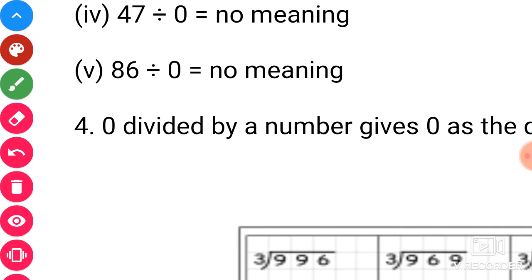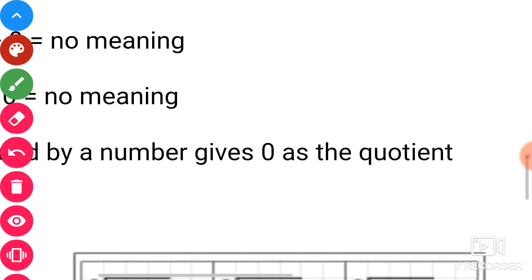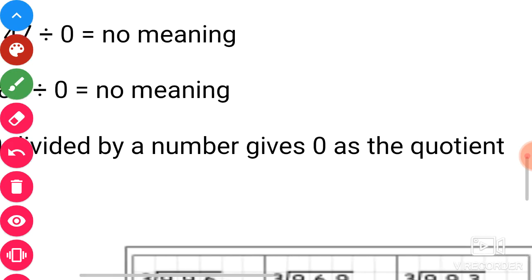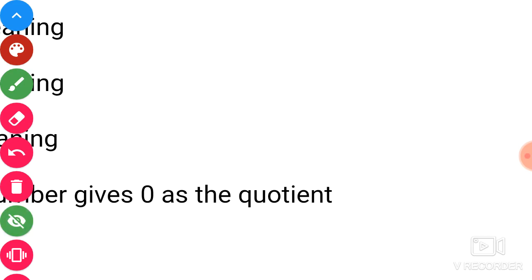Now next. Property 4. 0 divided by a number gives 0 as the quotient. Suppose we have to divide 0 with 2, what we will get?